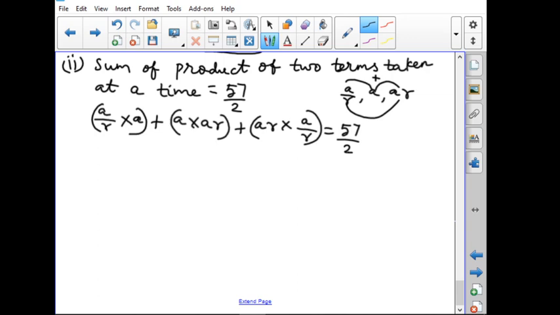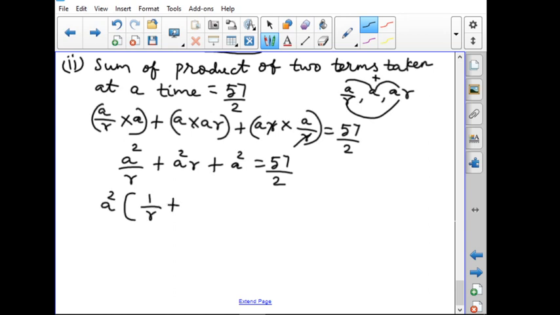Multiplying, we get A squared by R plus A squared R plus, here R will be cancelled, A squared equal to 57 by 2. Taking A squared common, the first is 1 by R, the second is R, and the remaining is 1, equal to 57 by 2.